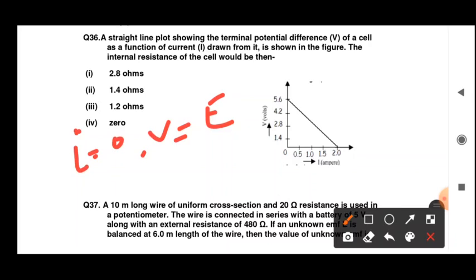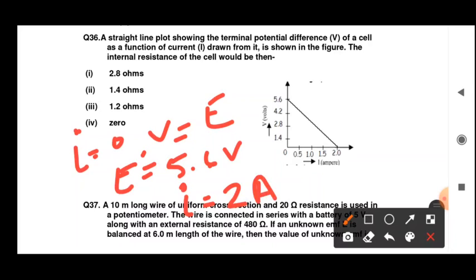So the value of E is 5.6 volt, and the current at the extreme point is 2 ampere. So we have the value of E and I. Now we can find out the value of internal resistance.